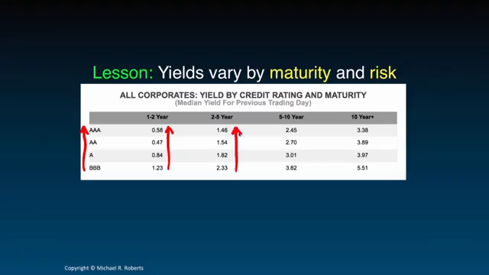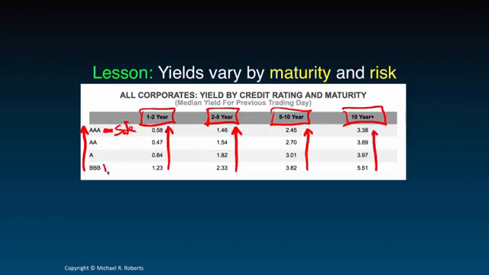I know drawing the up arrow isn't helping, but the numbers are getting smaller, and they're getting smaller within each maturity bucket: 1 to 2, 2 to 5, 5 to 10, 10 plus. That's a result of decreasing credit risk. These are safer bonds. These are less safe, but still relatively safe.